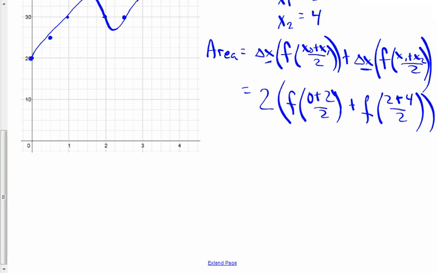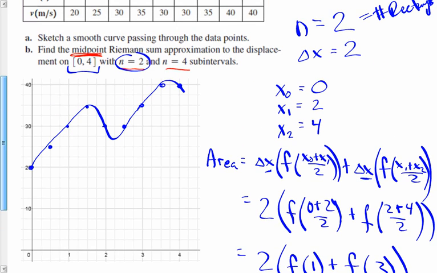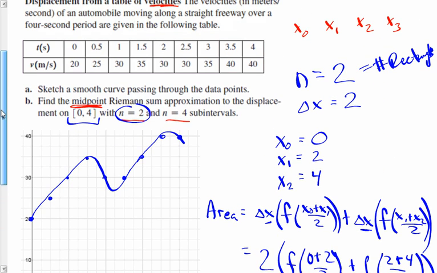Okay. So this is 2 times the quantity f of 1 plus f of 3. Of course, I'm messing up variables again, guys, because this is v of t. Every one of these f's should be v's, guys.